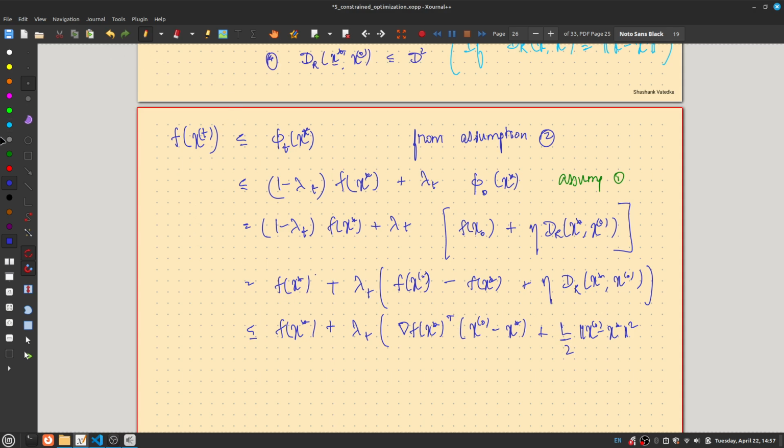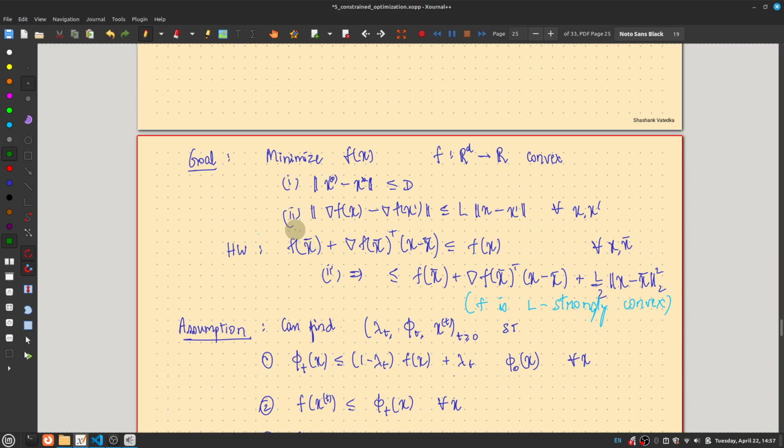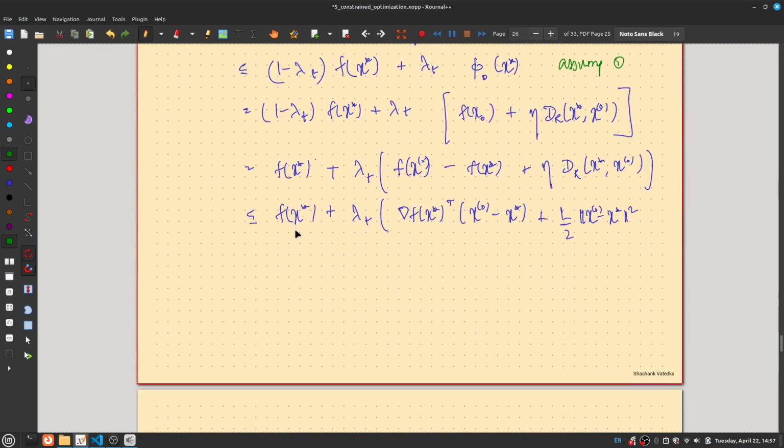Right? And this basically follows from this particular property, the L-Lipschitz property of f.